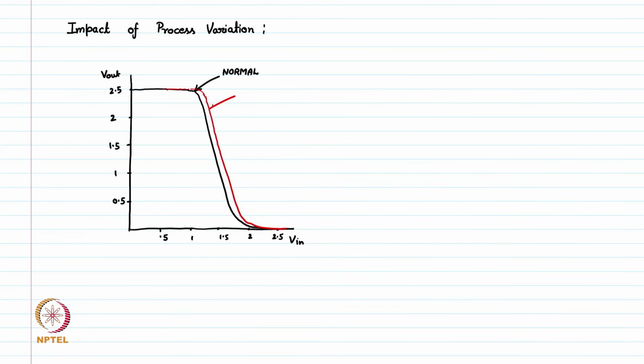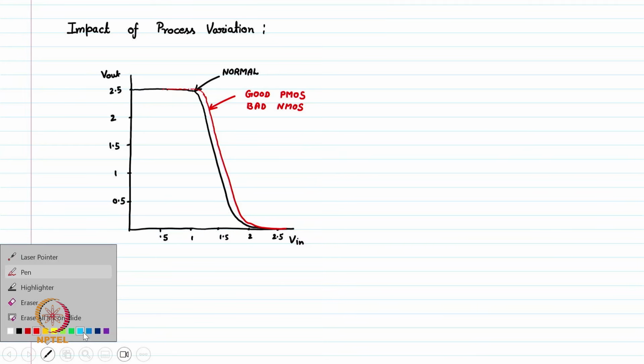So this is how VTC looks for a good PMOS and a bad NMOS. And this good and bad is happening because of the slight process variation which can happen during the fabrication.